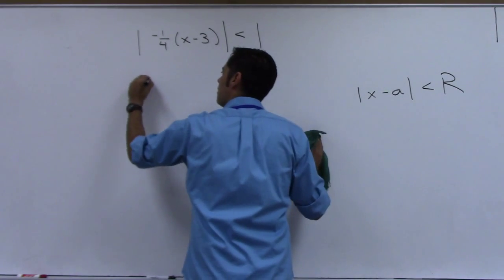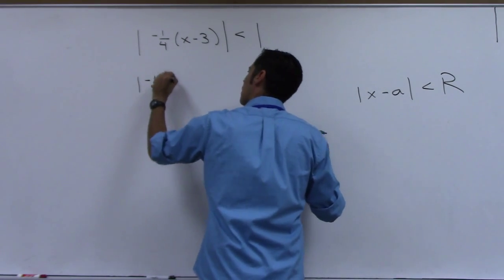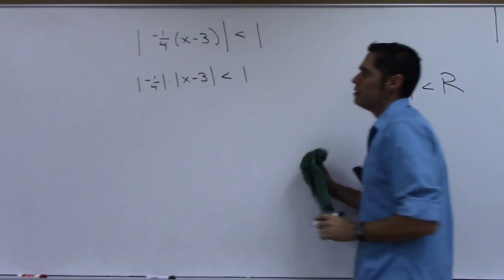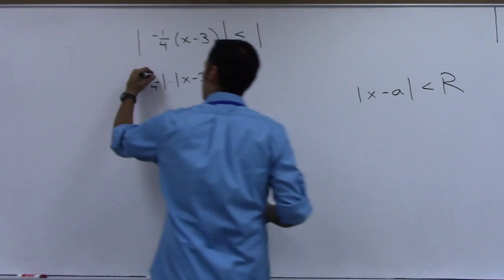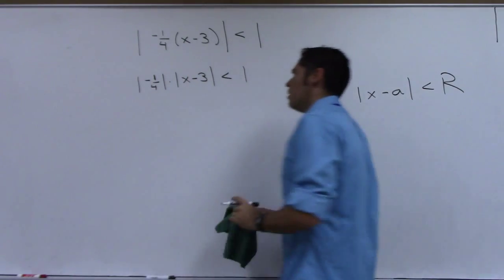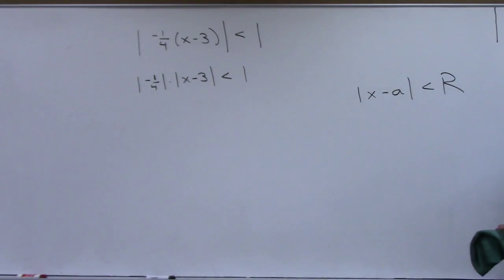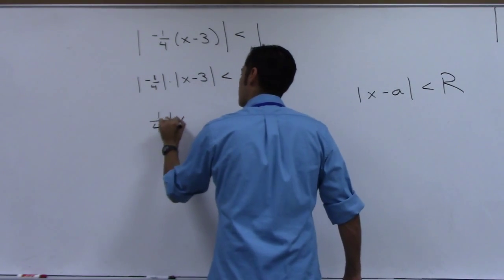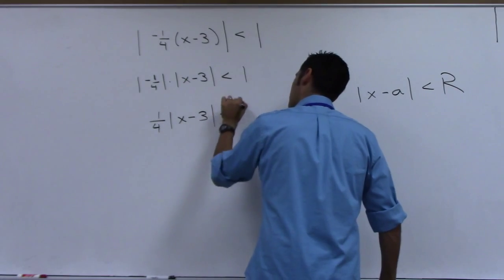So I'm going to break this up into two absolute values like this, because that's the same thing. And what is the absolute value of negative 1/4? 1/4. So this is 1/4 times the absolute value of x minus 3.